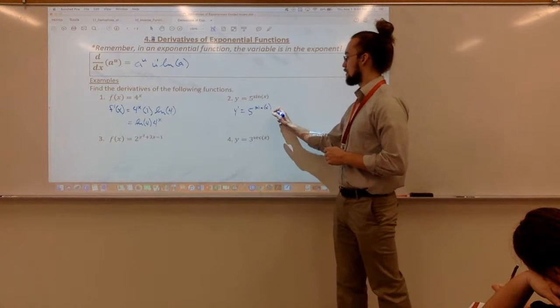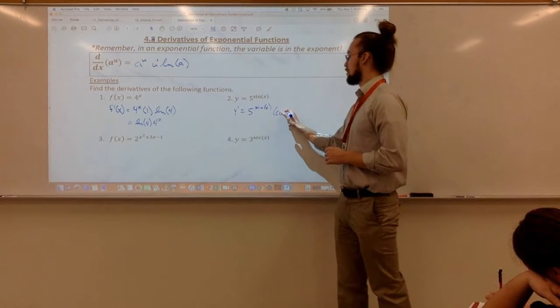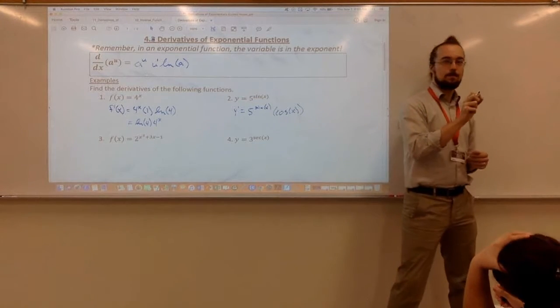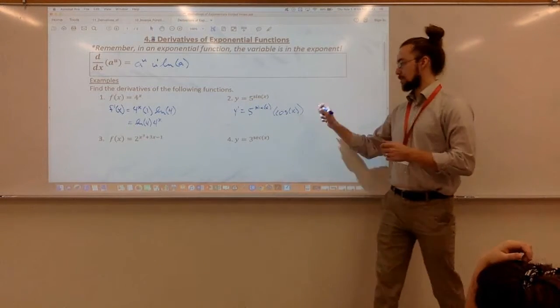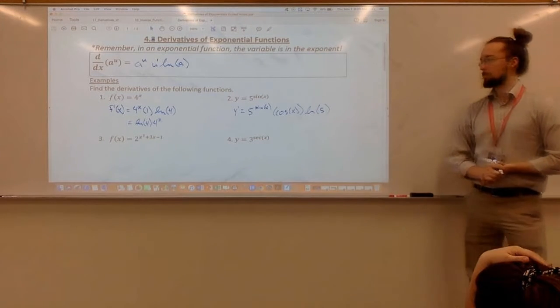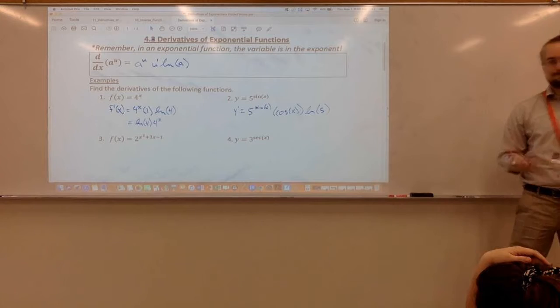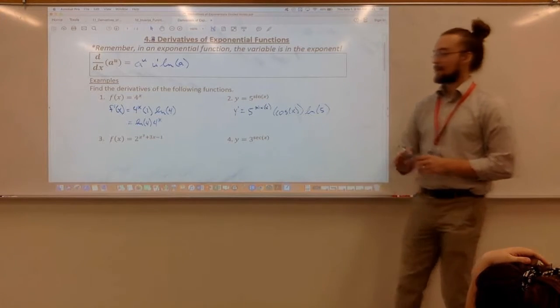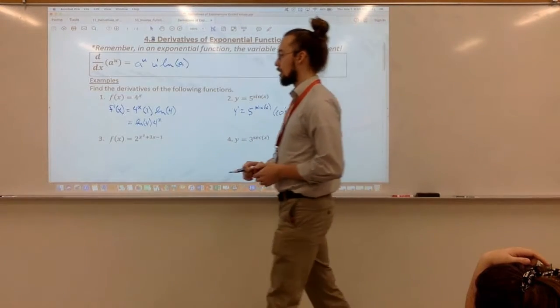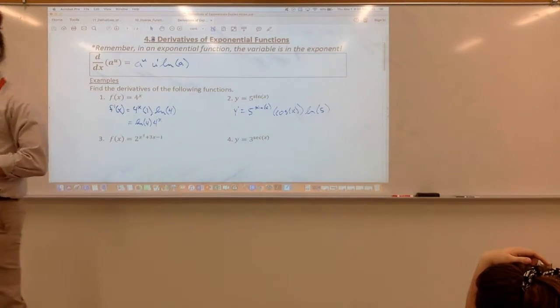So 5 to the sine of x times cosine of x times the natural log of 5. So you guys go ahead and try 3 and 4 here.